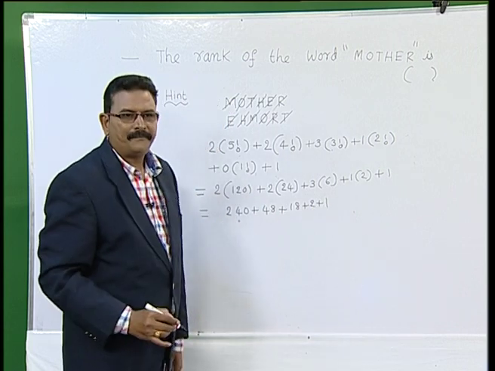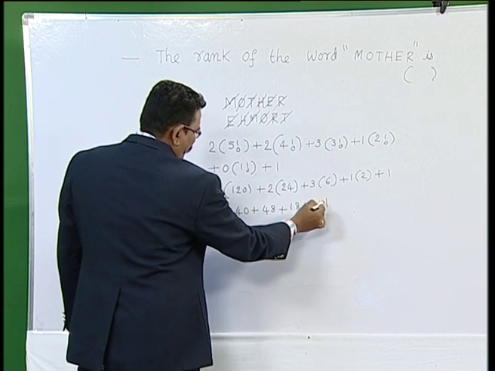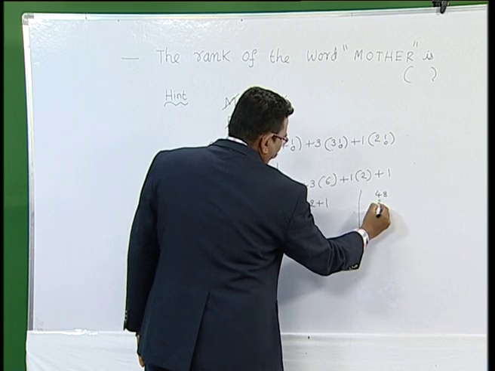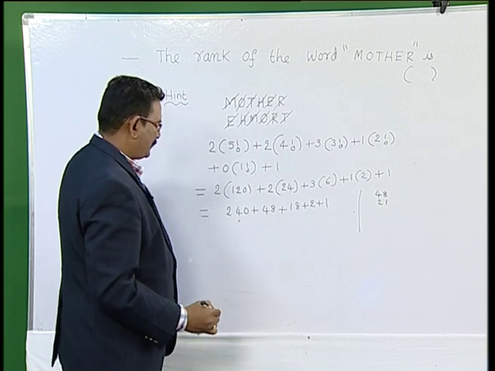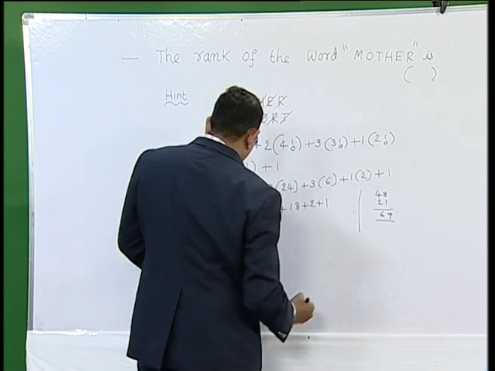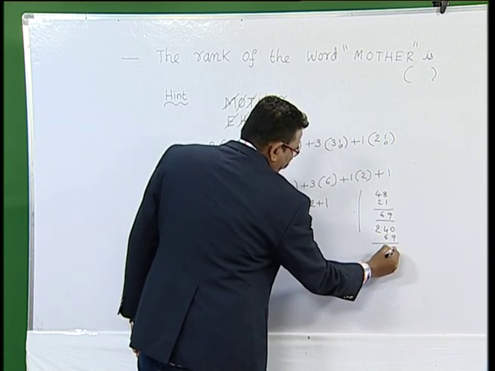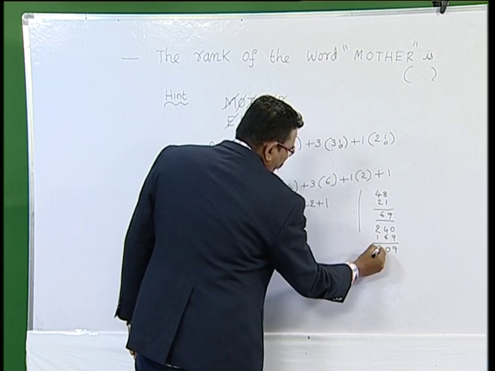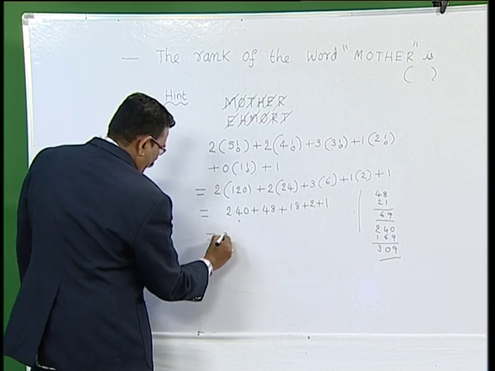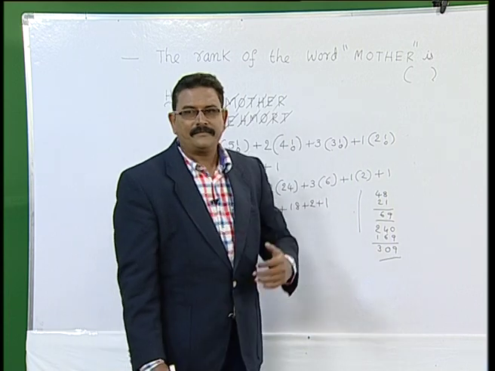Let us sum up: 48 plus 21 is 69, and 240 plus 69 is 309. So what is the rank of the word? It is equal to 309. This is the rank of the word MOTHER.